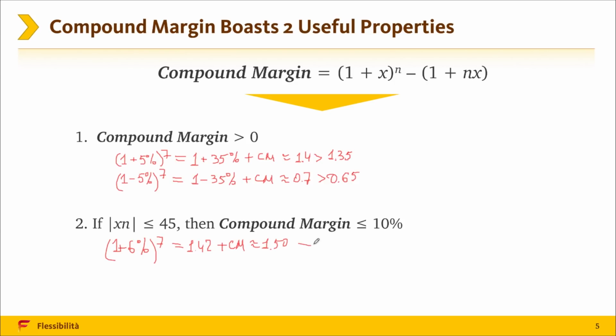So the compound margin here is about 8%, less than 10. However, in the case 1 plus 6% to the power 7, the result will be different. And the compound margin here is about 19%, which is greater than 10%. And here's a more extreme example. 1 plus 6% to the power 20.